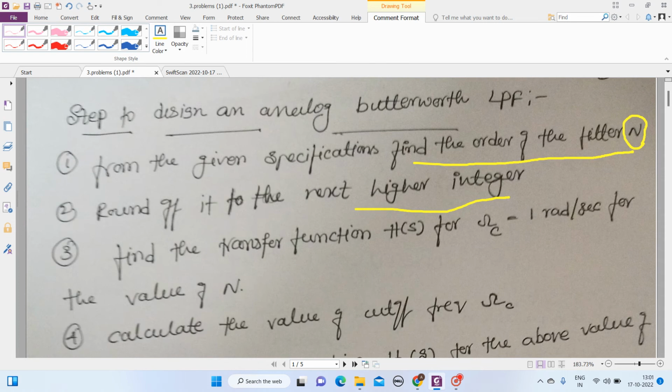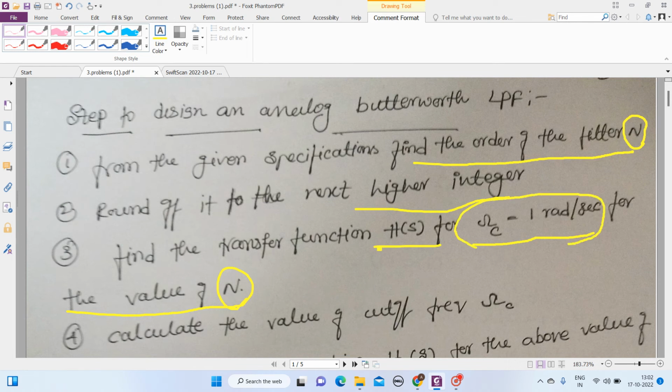Third step is find the transfer function H(s) for the normalized cutoff frequency, 1 radian per second, for the value of n. So you have determined the order of the filter n, right? By using that value, you have to find out the transfer function for the normalized cutoff frequency.